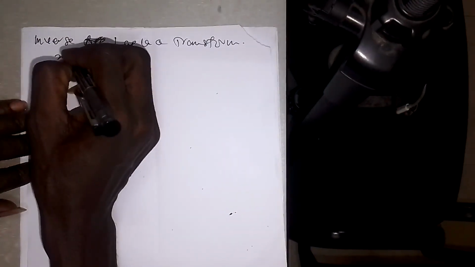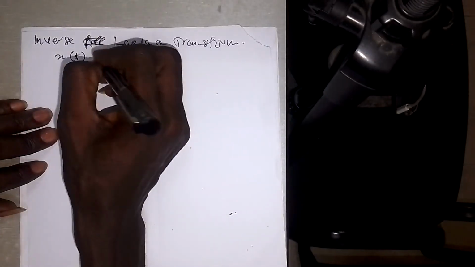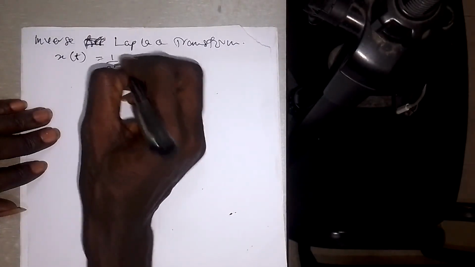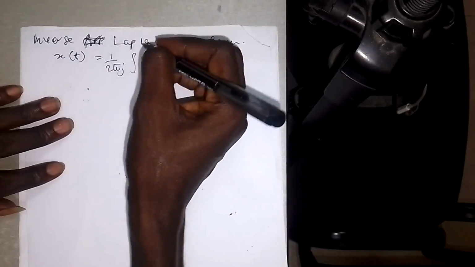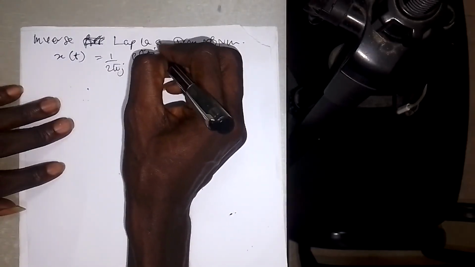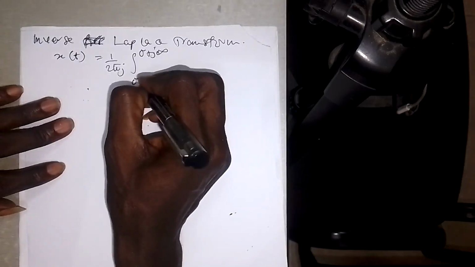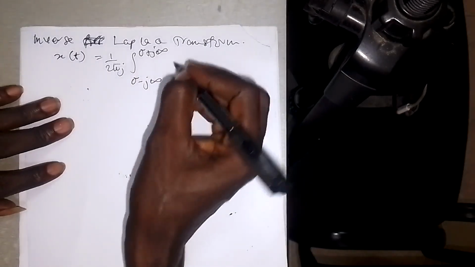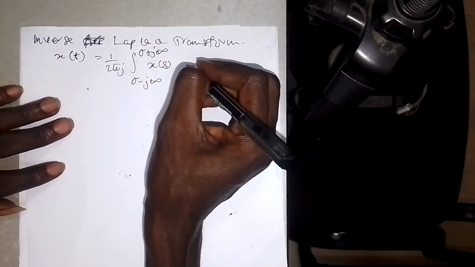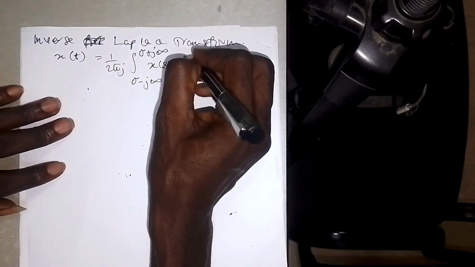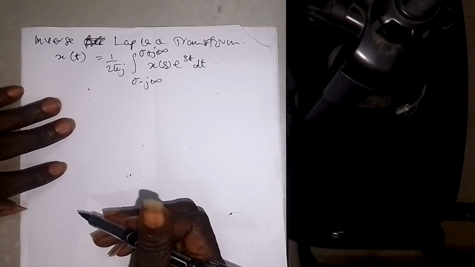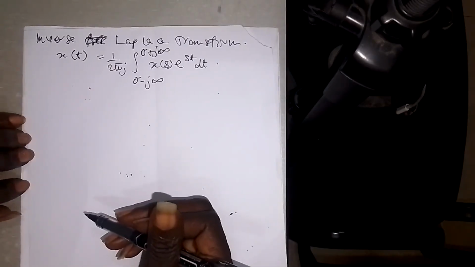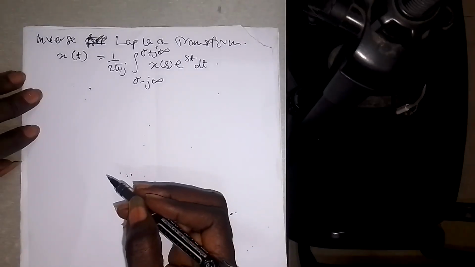The inverse Laplace transform, x of t, is given by 1 over 2 pi j times the integral from sigma minus j infinity to sigma plus j infinity of X of s times e to the st ds. So this is for the inverse transform.